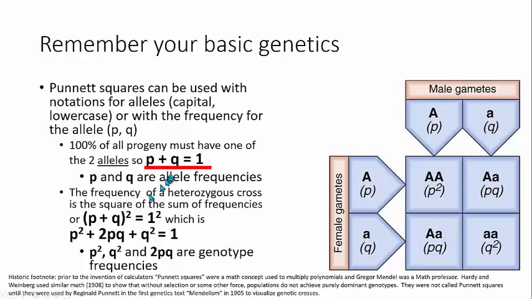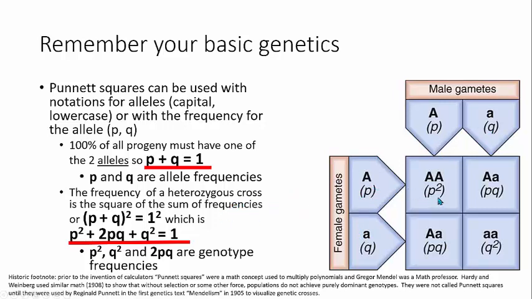So when we square this first equation, we get the second equation, where P squared plus 2PQ plus Q squared equals 1. If you look over here in the Punnett square, you can see that basically all we did was put the P and the Q on one axis and the P and the Q on the other axis for the square.